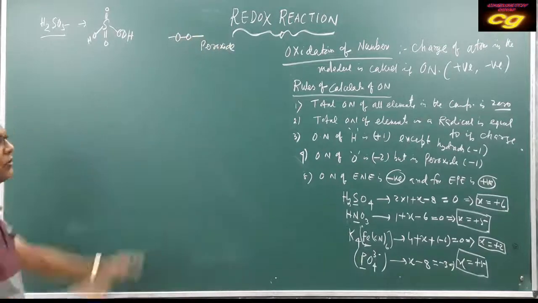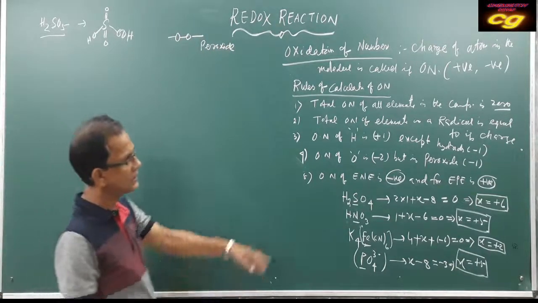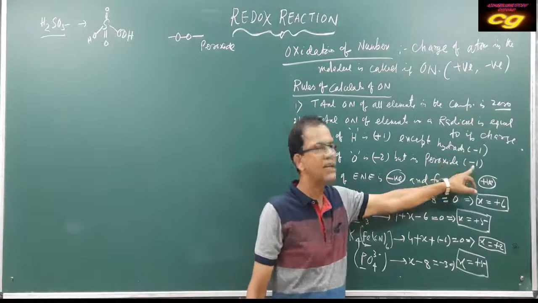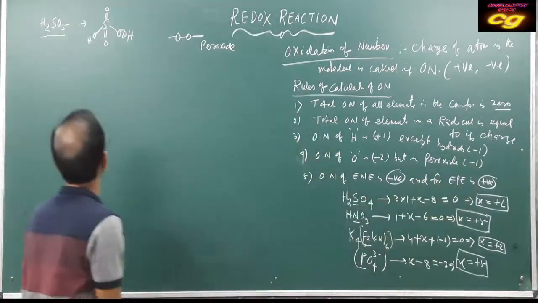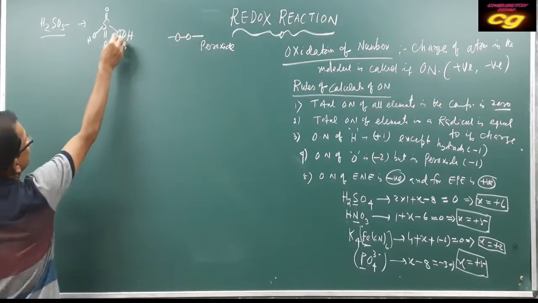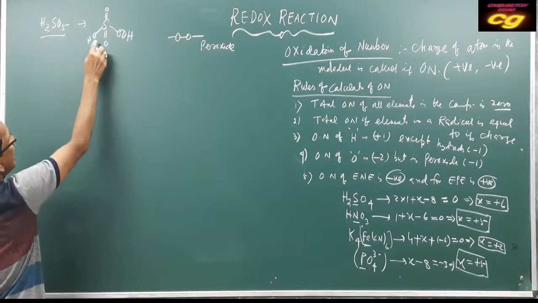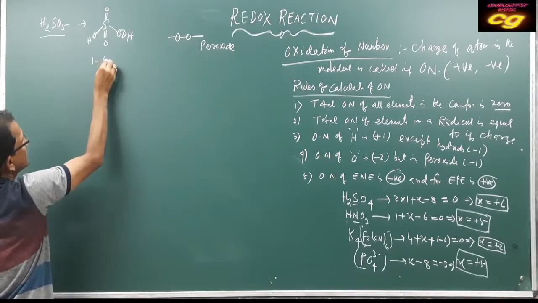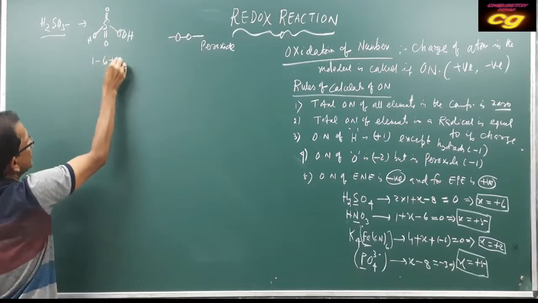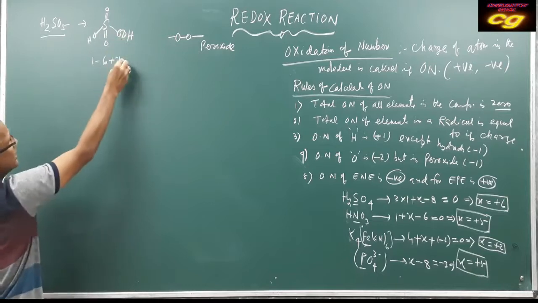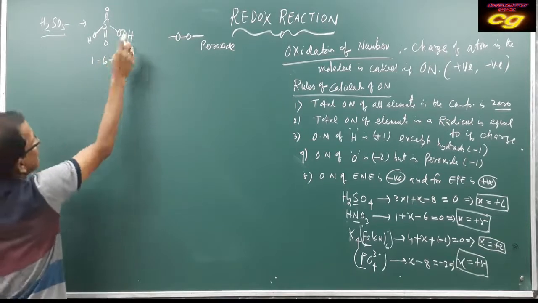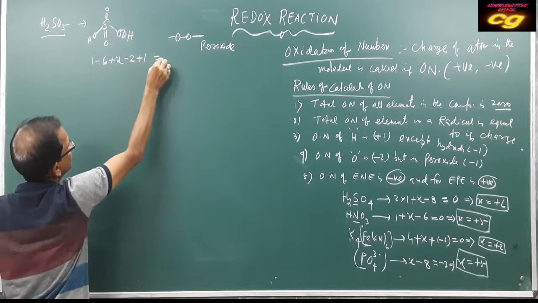As we have already discussed, in peroxide each oxygen carries minus 1. That's why we have to put it like this. So for 2 hydrogens, plus 2; for 3 oxygens, minus 6; sulfur will be X; and these 2 peroxide oxygens will be minus 2, equal to 0.